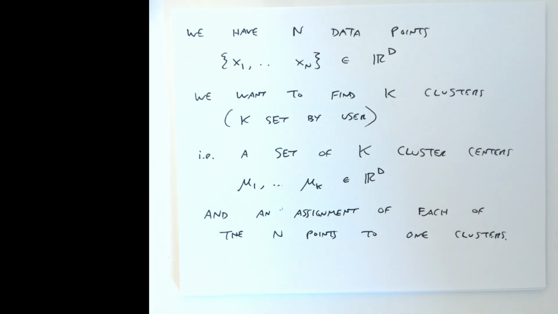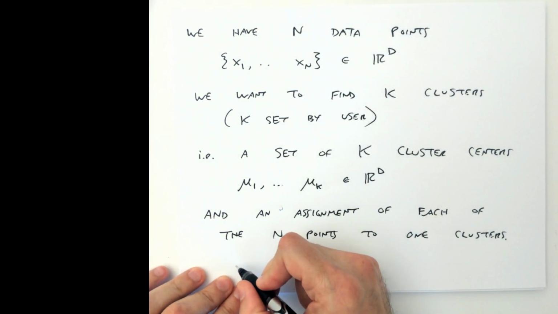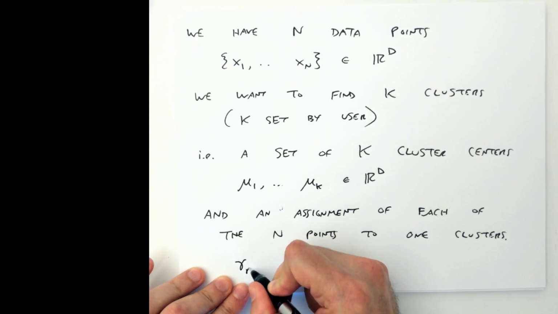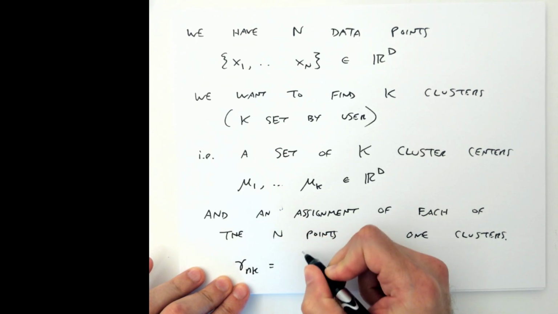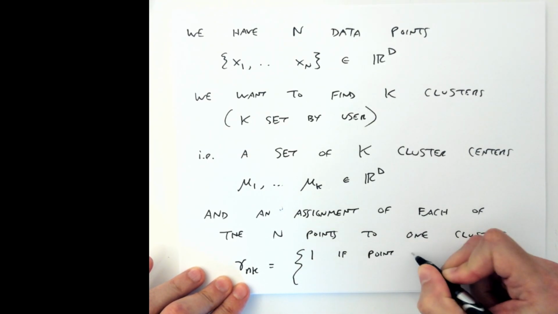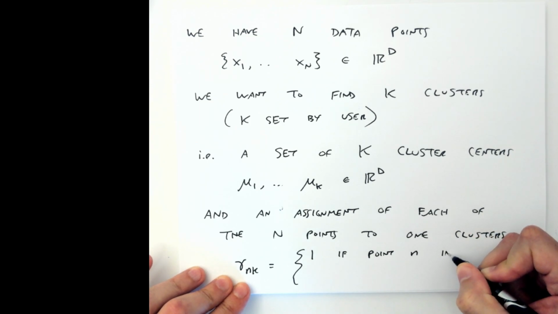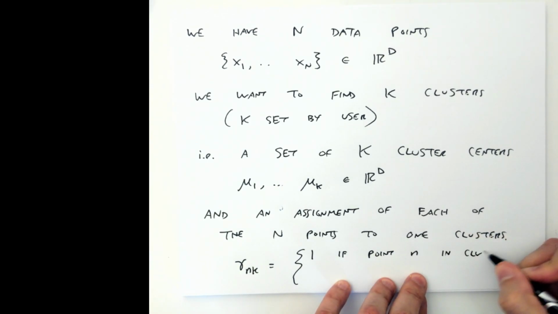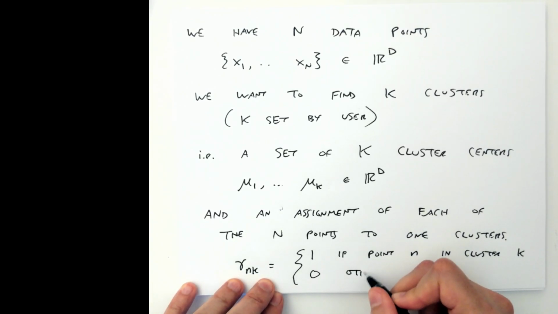And so how could we represent this assignment? Well, one thing we could do is have an indicator variable gamma that is 1 if point n is in cluster k, and 0 otherwise.